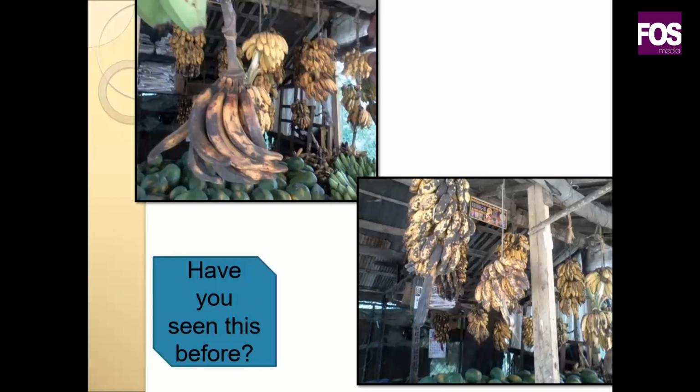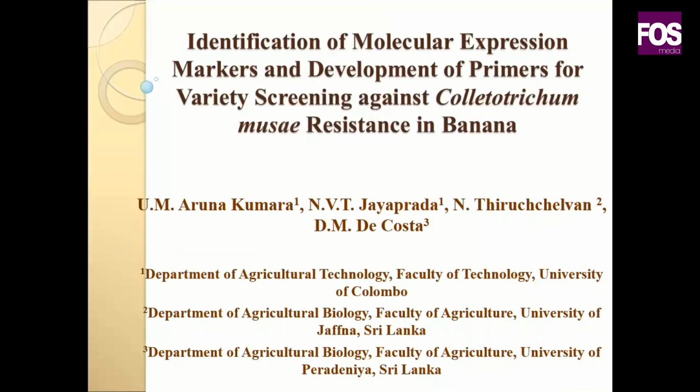To overcome these situations, a screening of varieties for resistance to this disease is important. Therefore, we started our research on identification of molecular expression markers and development of primers for variety screening against Colletotrichum musae.